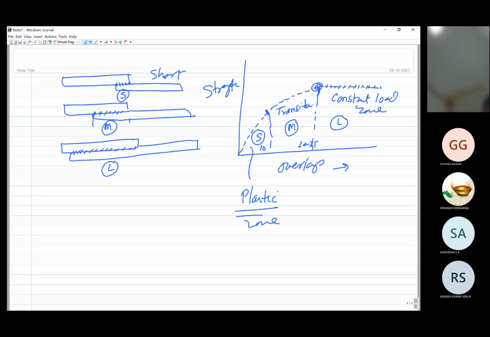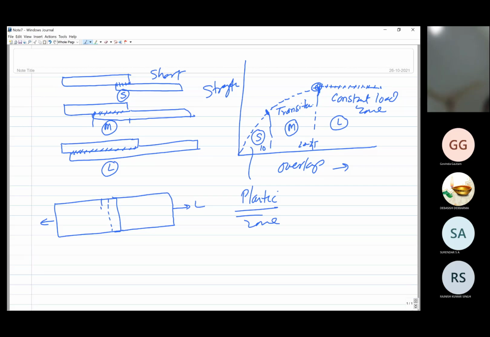Okay, now there is one more aspect. Say this is the top view, and initially this is the overlap, and this is the other plate, and the joint is being developed. So you will be getting a particular load, tensile shear load.